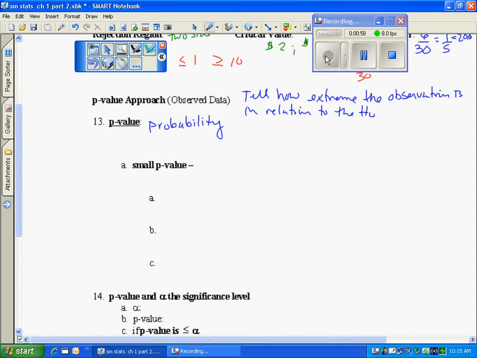It's the probability of getting the observation, how probable is the observation and all of the more extreme, if the null is true.